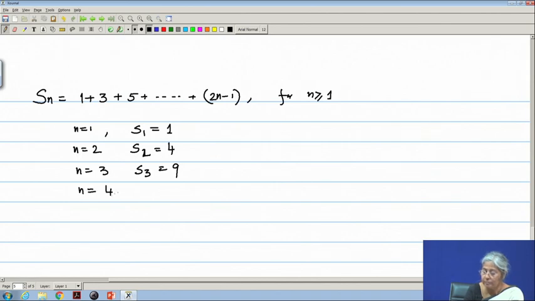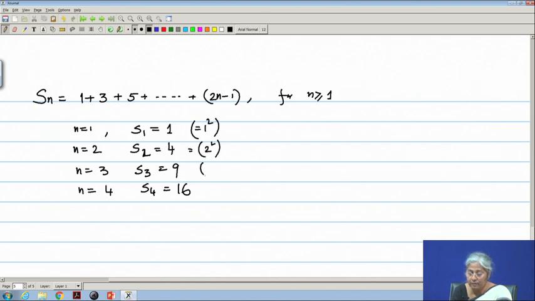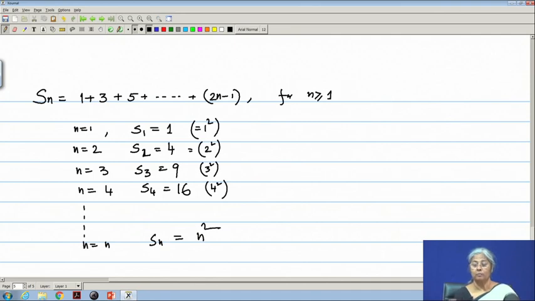For n equal to 4, S4 equal to 16. So, we get the pattern that these are 1 square, 2 square, 3 square, 4 square, and so we can tell that Sn equal to n square. So, our formula is Sn equal to n square, and then we can prove it. This is one very simple technique to get the correct formula.